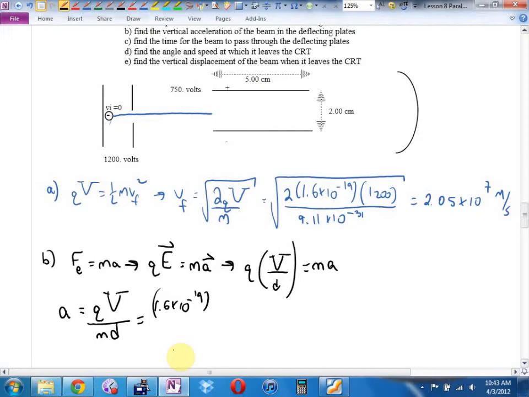Look at your diagram. How big is the deflecting voltage? 750, all divided by 9.11 times 10 to the negative 31. And the distance it's traveling for is not the horizontal distance, the vertical distance, that's part of the force: 0.02.